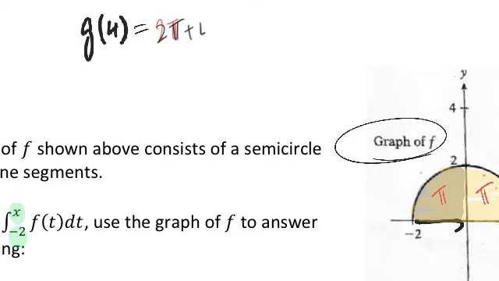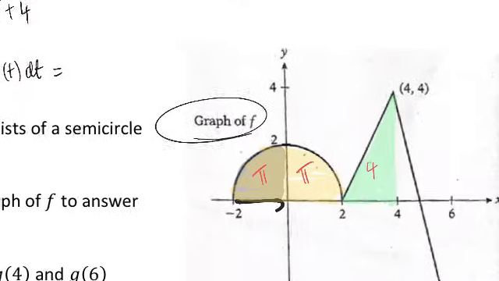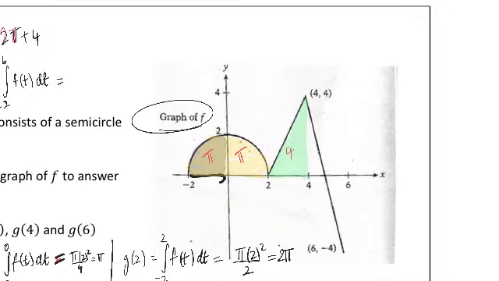And then g of 6 is the integral from -2 all the way to 6, f of t dt. And that is equal to, well, we can see that these two triangles right here are equal areas.